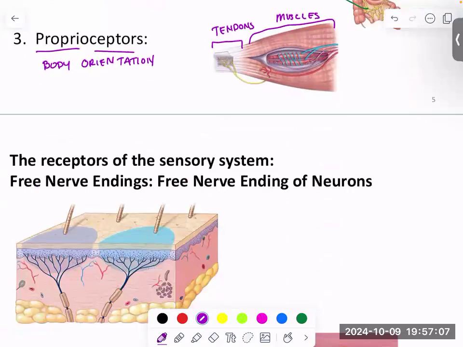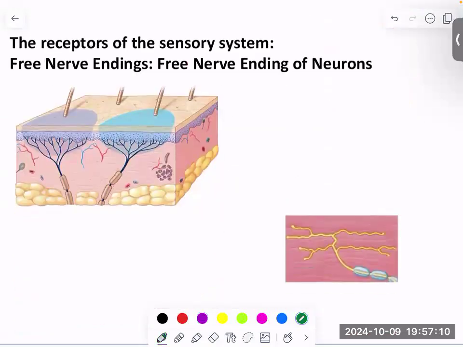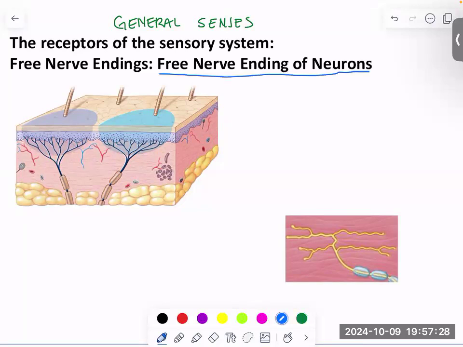The receptors of the sensory system. These ones that we're talking about in the skin are all general senses, the type of sensory modalities you detect at the skin. The first type of receptor has this long name. It is a free nerve ending of a neuron. Sometimes they're just called free nerve endings.